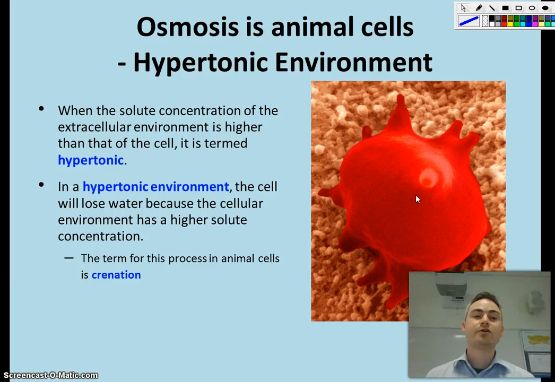The inside of the cell will be hypotonic, relatively low concentration. Therefore, if we follow that principle of water moving from a hypotonic to a hypertonic environment, water in this case will leave the cell. It will move out of the cell, and the cell will shrink in as a result, because a lot of the bulk of the cell, of that cytosol, is water. The cell will shrivel and will undergo a process called crenation.